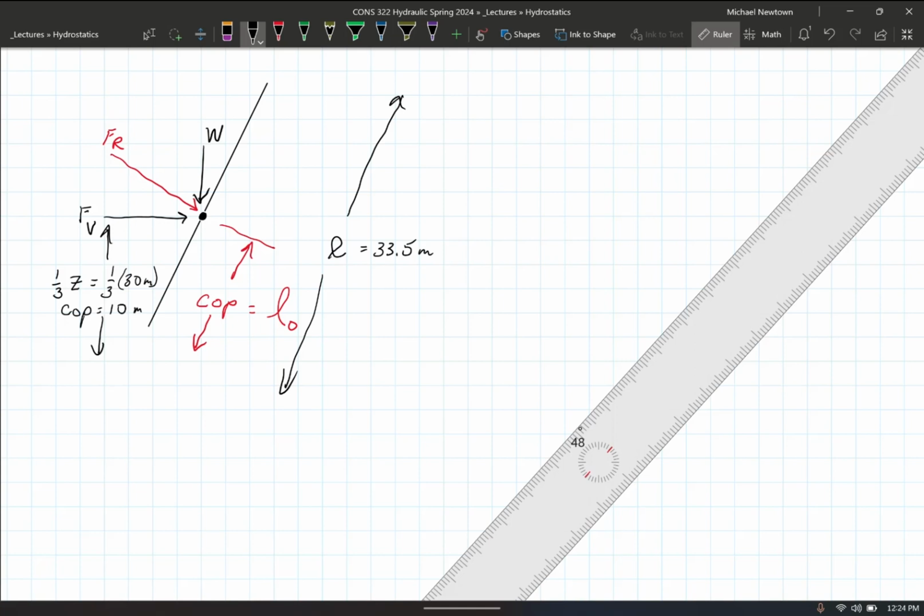But we get to go play around with all the other numbers here. Actually, that's not an O, that's supposed to be an R. Location of the resultant, that's what I'm looking for. It'd be nice if I read the whole screen. Can I make you smaller? I can't see half my notes.